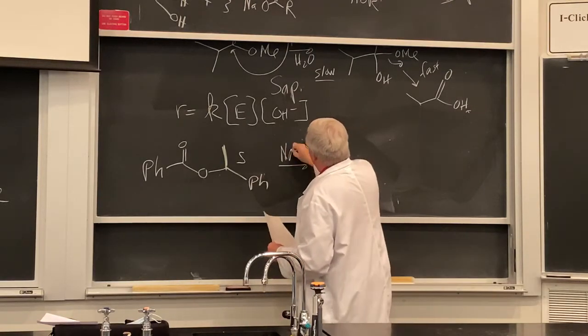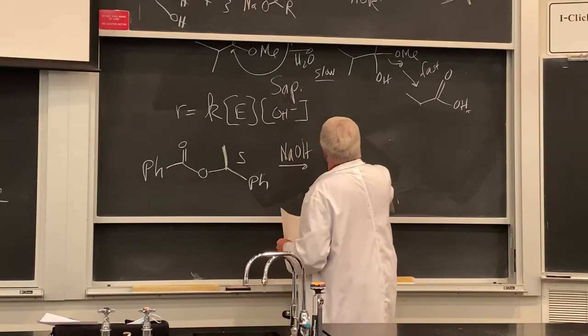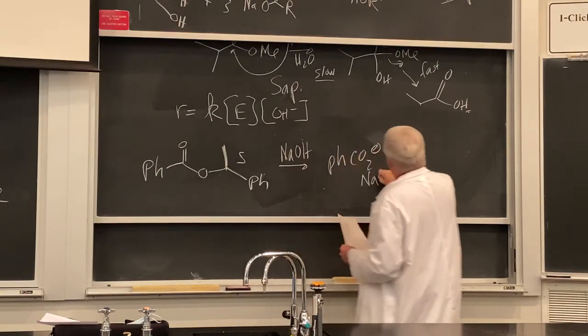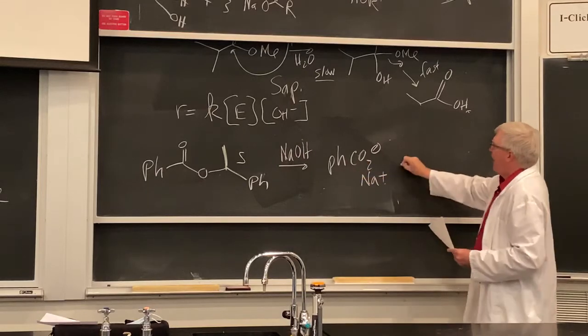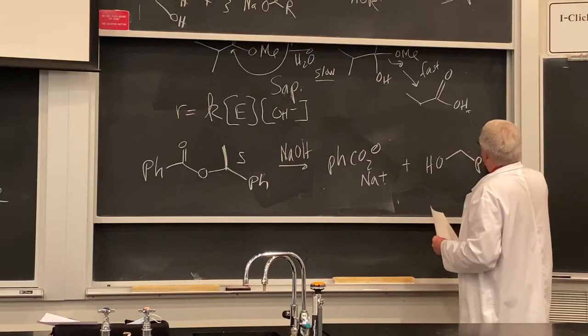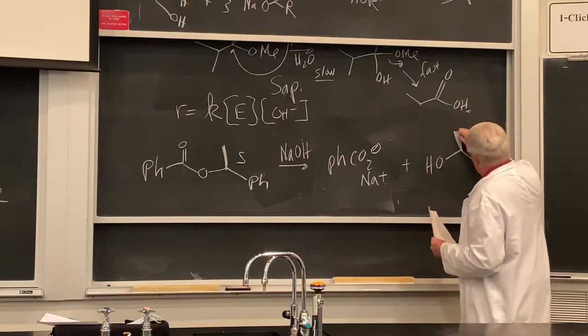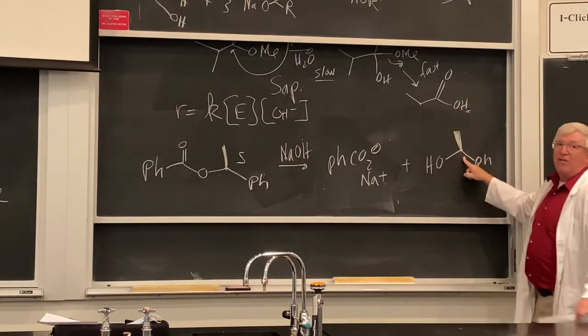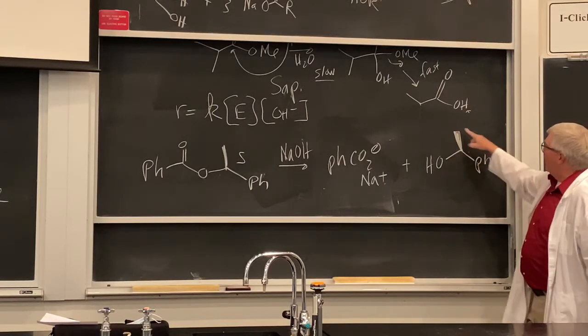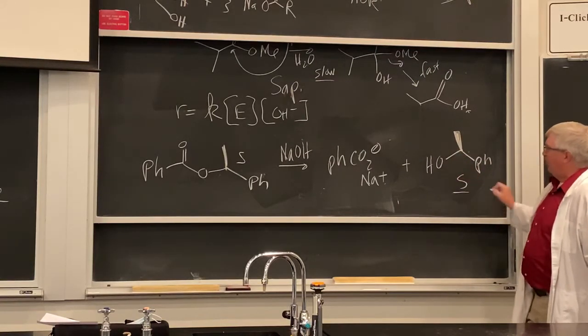Sodium hydroxide, water. And what do we get? Well, we get sodium benzoate, and we get the alcohol. Now, what happened to the stereocenter here? Well, it's retained. You can actually observe that, and these optical rotations are known for both the R and the S. And this one was found to still be the S.